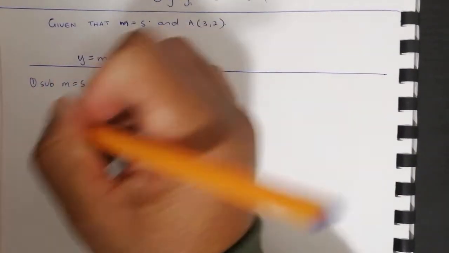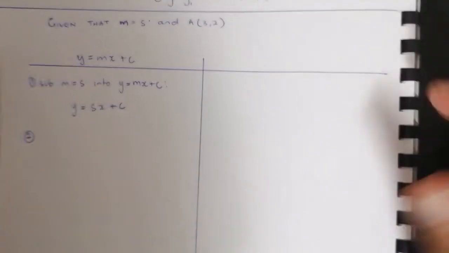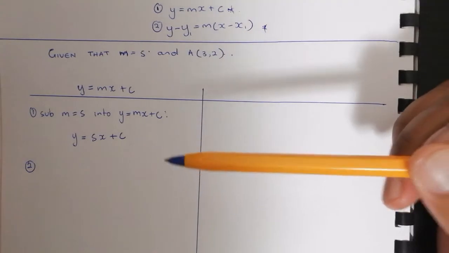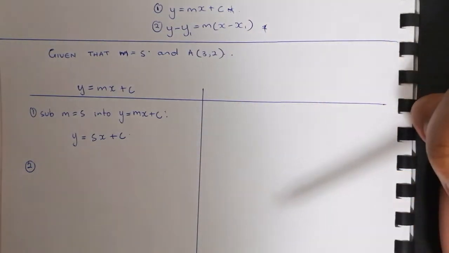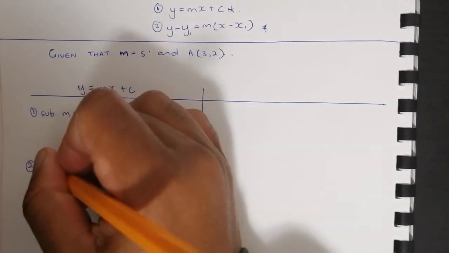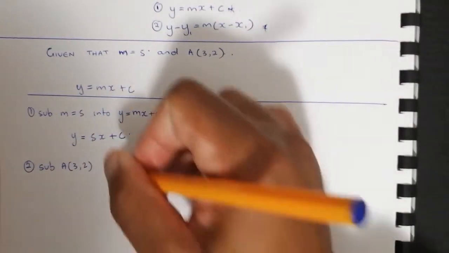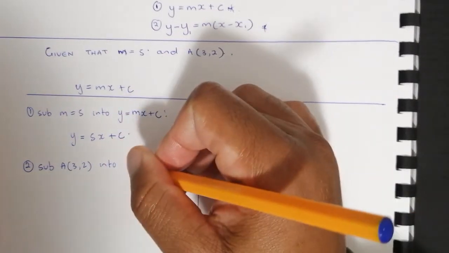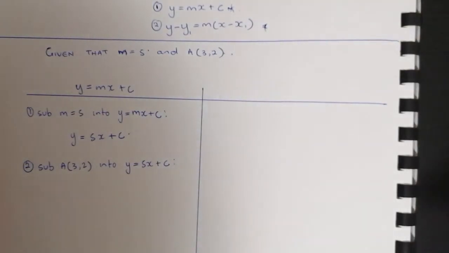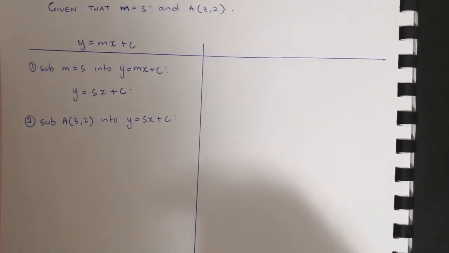Next, number 2, take this point A and substitute it into this formula to find the value of c. So all we'll do is sub A, 3 and 2, into the equation y equals 5x plus c in order for us to get the value of c.